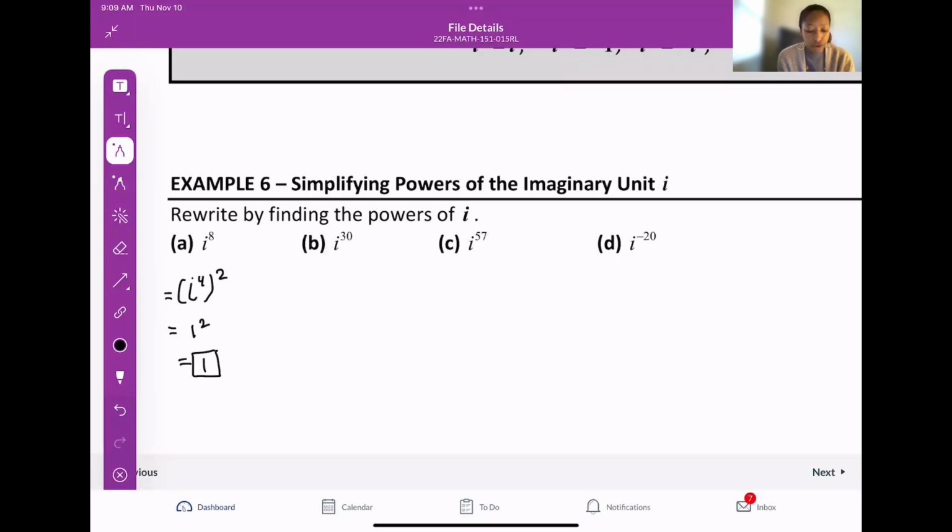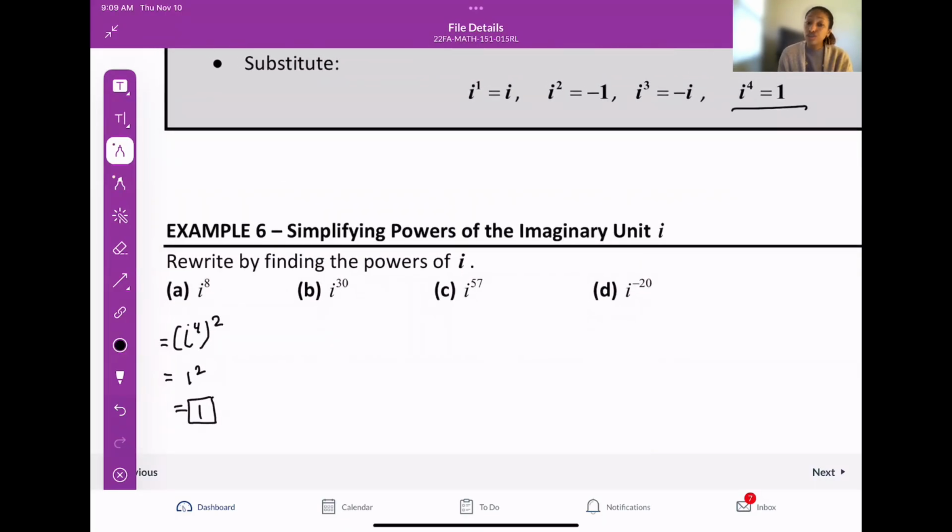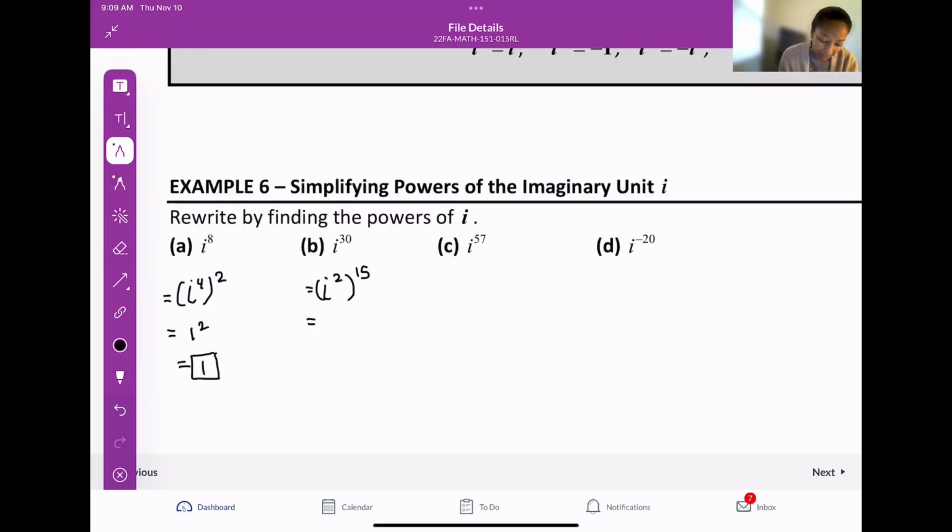i to the 30th power. We can write this as a multiple of 2. 30 is 2 times 15. So we can say this is i squared to the 15th power. i squared is equal to -1.